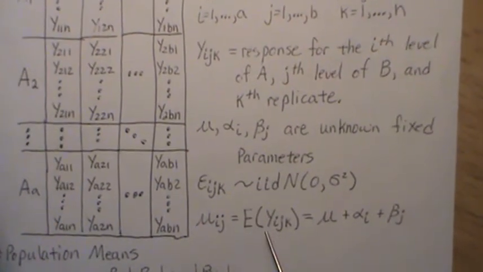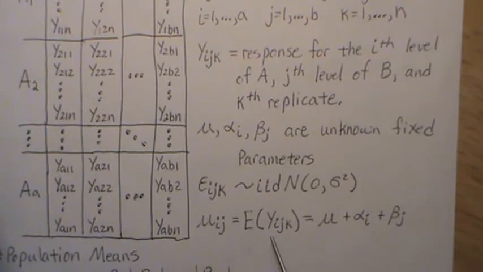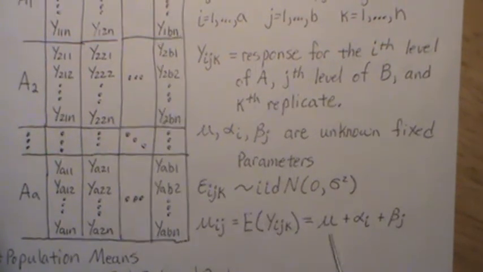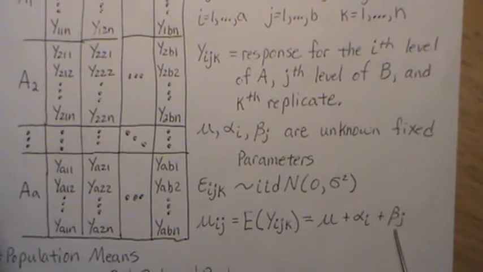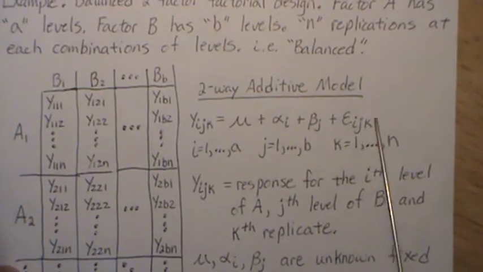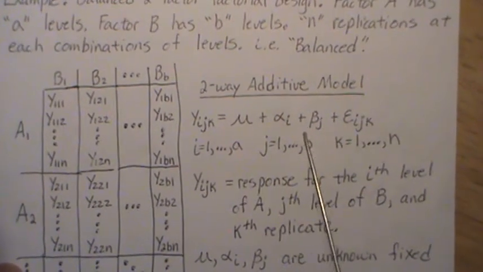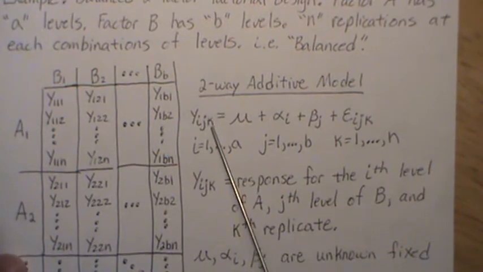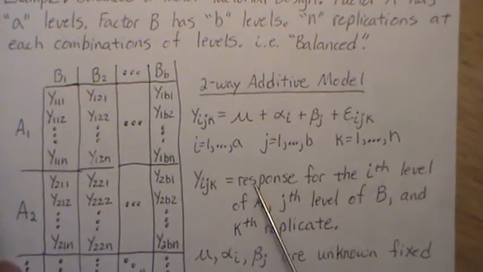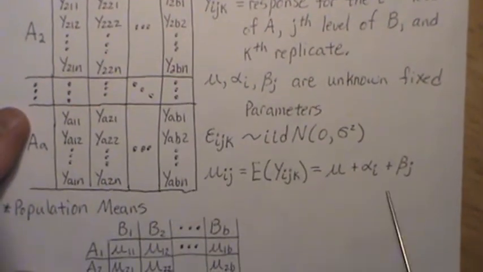And the expected value of the ijth combination would just be mu plus alpha_i plus beta_j, and generically we call that mu_ij. If we take the expected value, the error is 0, so those stay. And that's for every replicate, so if you're in here, the expected value is constant. That's what this is saying.